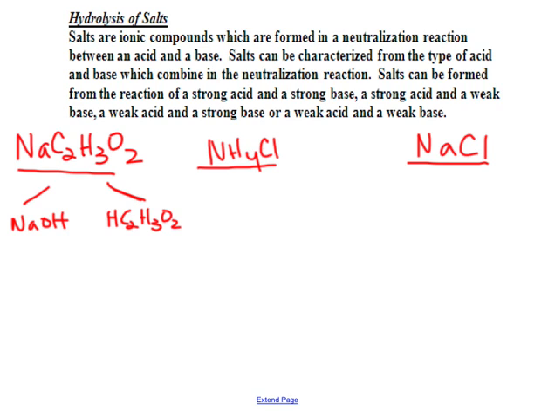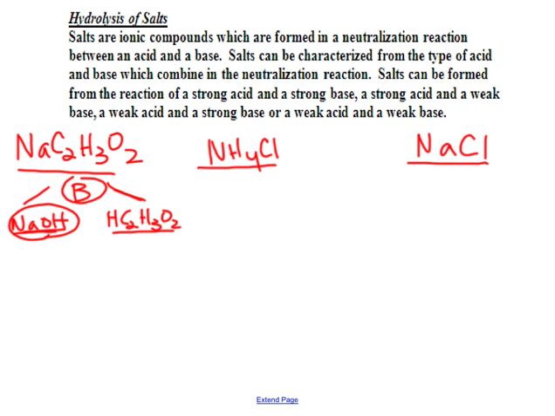So if you want to guesstimate the strength of that salt in terms of acidic, basic, or neutral, compare the strength of the parents. What classifies NaOH? Strong base, acetic acid, weak acid. So the strong parent basically dictates whether this is an acidic, basic, or neutral salt. So we're going to say this is a basic salt because this parent is basic.